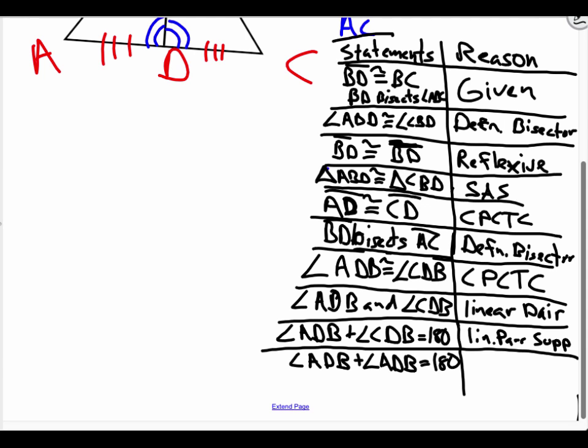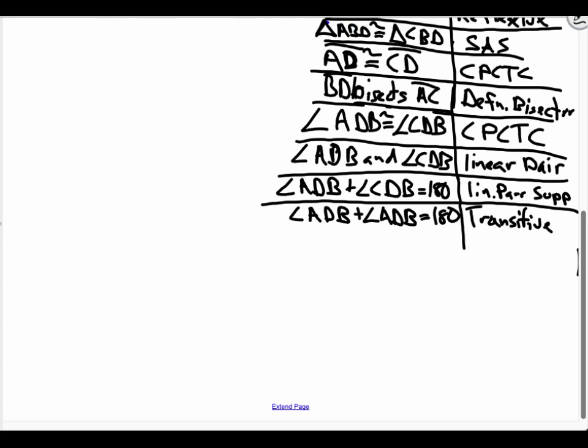And what do we call that? When we substitute something in, we call that the transitive property. This is a long proof. All right. So then really what I have is 2 times the angle ADB is equal to 180, right?